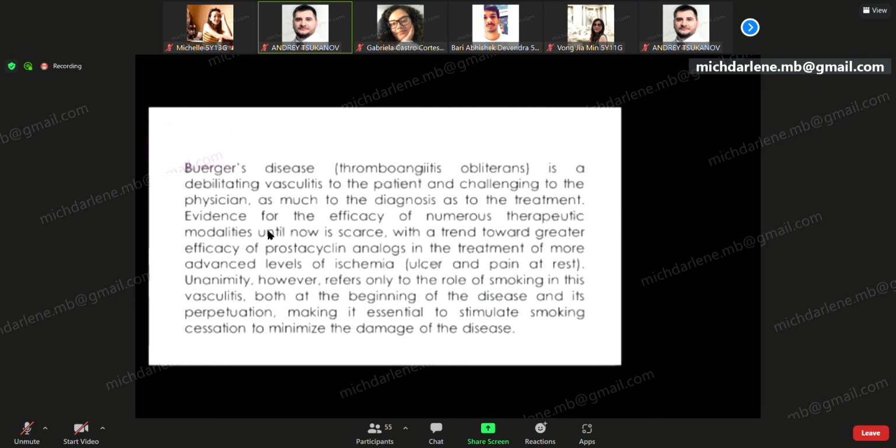Evidence for the efficacy of numerous therapeutic modalities until now is scarce, with a trend toward greater efficacy of prostacyclin analogs in the treatment of more severe stages. Unanimity, however, refers to the role of smoking in this vasculitis, both at the beginning of the disease and its perpetuation, making it essential to stimulate smoking cessation to minimize the damage of the disease.